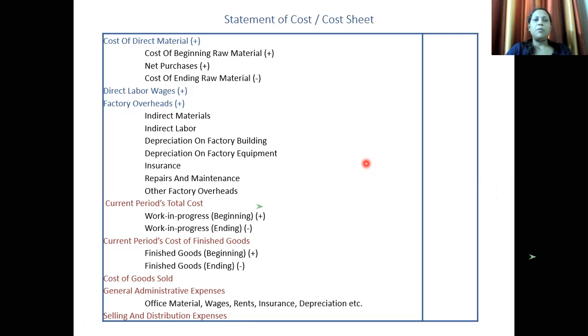Cost of beginning raw material, net purchases, factory overhead, current period's total cost, current period's cost of finished goods, cost of goods sold, general administrative expenses. All these are the statement of cost or cost sheet.